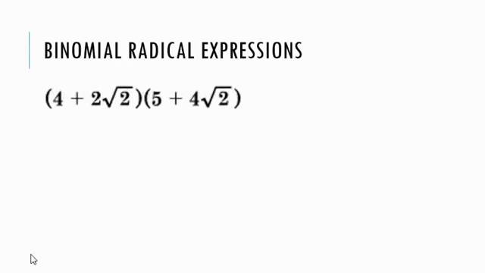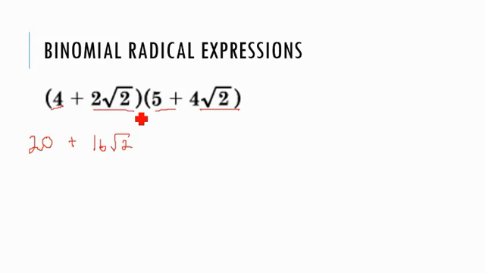Here's one more example of multiplying binomial radical expressions. If we take the first term, multiply it by the two terms in the second binomial, we get 4 times 5, which is 20. 4 times 4 square root of 2 would give us 16 times the square root of 2.